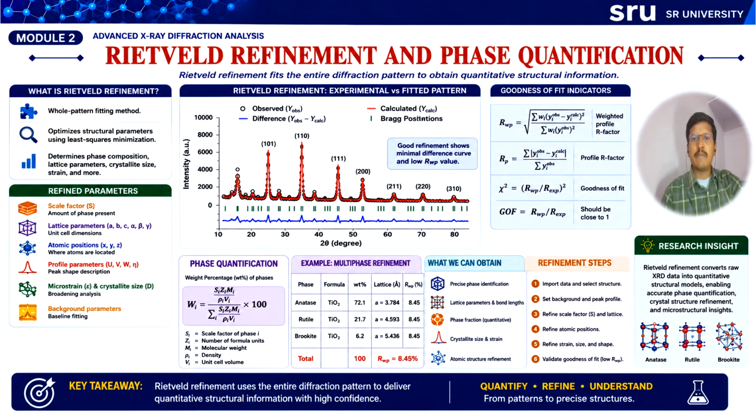Using the Rietveld refinement, researchers can determine the crystal structure, the lattice parameters, atomic positions, phase fractions, microstrain, crystallite size, preferred orientation, and background contributions.